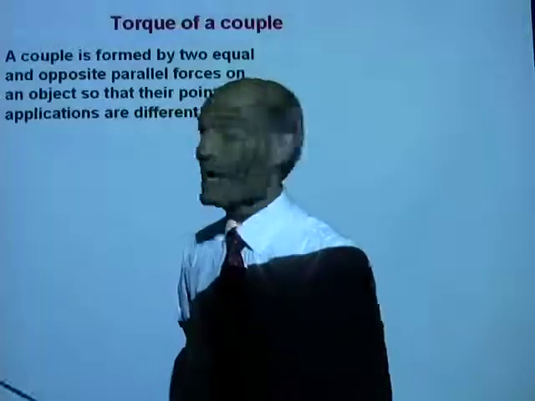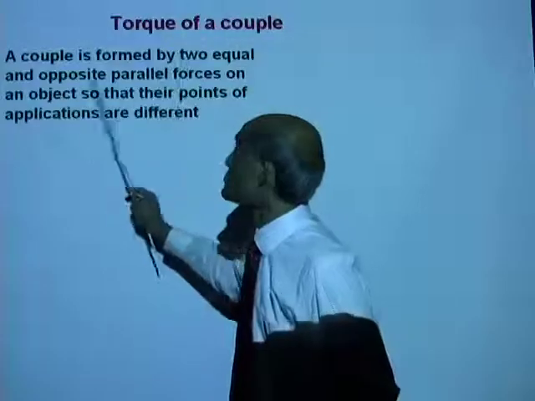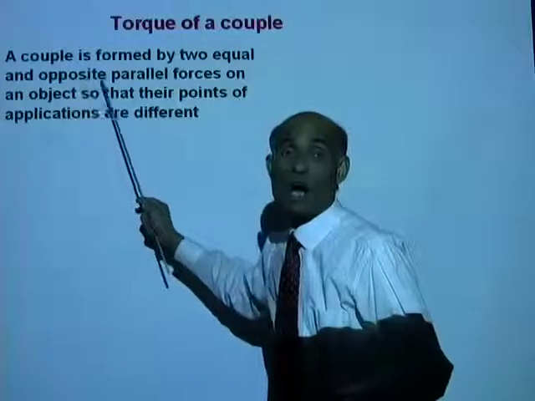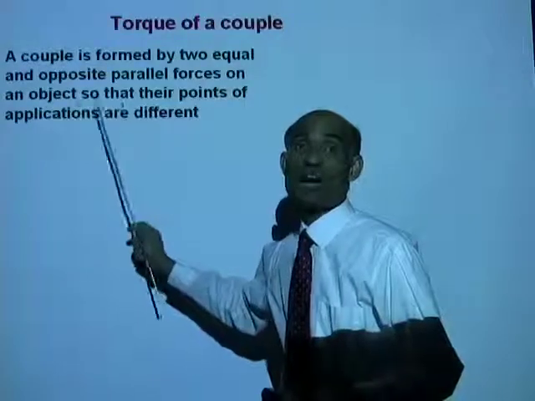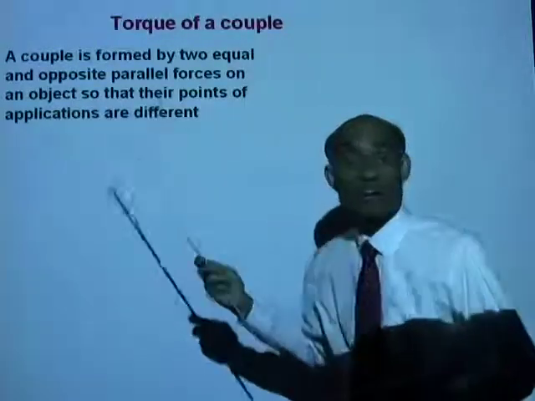Now let's talk about the torque of a couple. What is the torque of a couple? A couple is formed by two equal and opposite parallel forces on an object, so that their points of action are different.